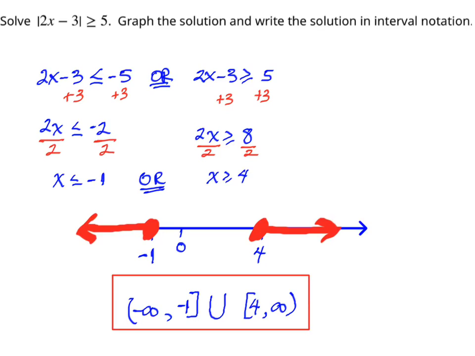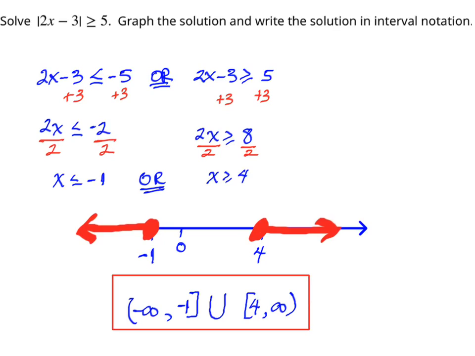So the difference between less than and greater than when you're doing absolute value is, remember that absolute value means the distance. So if the distance that the number inside is away from 0 is less than some number, it means that you're squeezing it in between a negative number and a positive number.